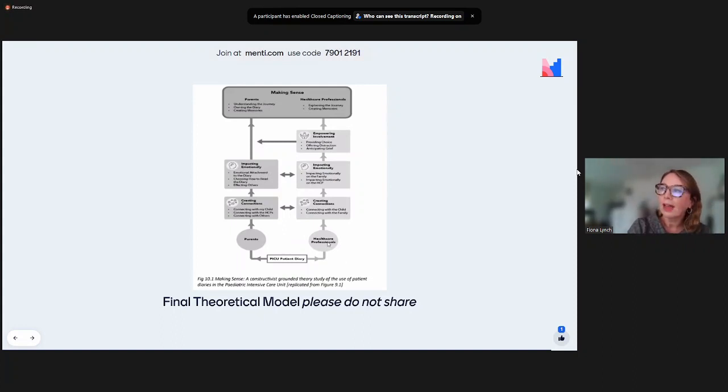The healthcare professionals also talked about creating connections, and that was their connection with the child and their connection with the family, and how they understood more of what was going on with the family by reading the entries of the parents. And also the parents told me about how they understood a bit more about the nurses when they read what the nurses wrote about their child.